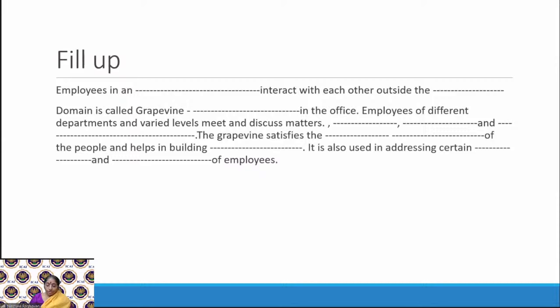Paper will be MCQ question. No, these will be short answer questions. I told you. I'll also show you the question paper pattern by the end of the session.